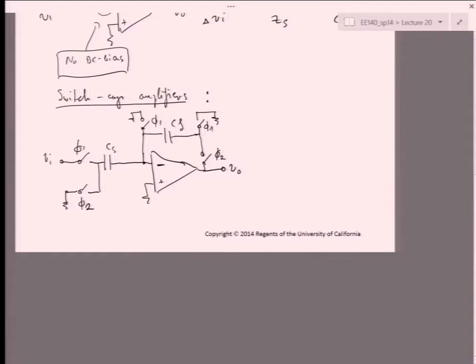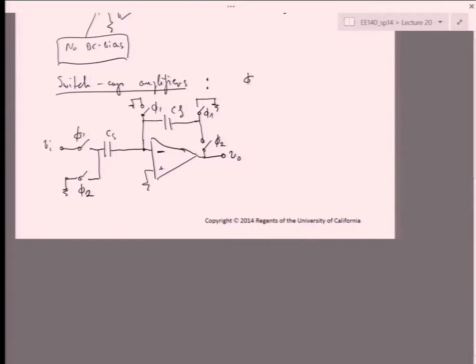So let's say we have this type of arrangement, where Phi1 is some clock signal, some synchronization control signal, that looks like this, and Phi2 looks something like this. The basic idea here is that these are non-overlapping.